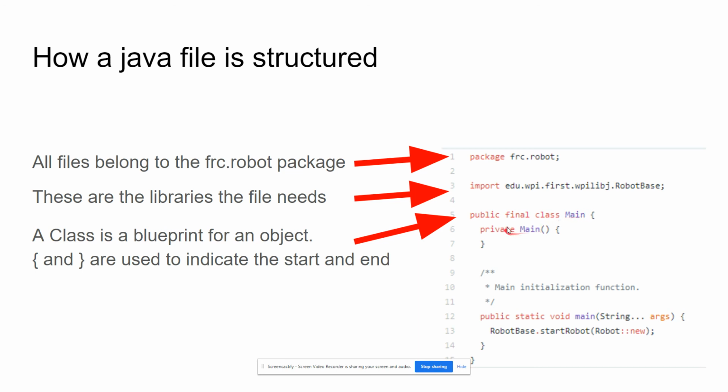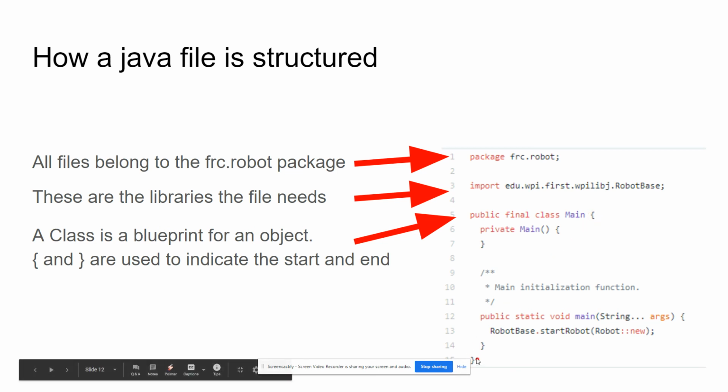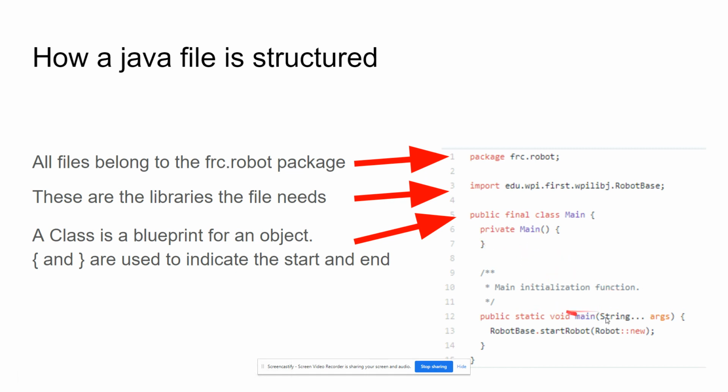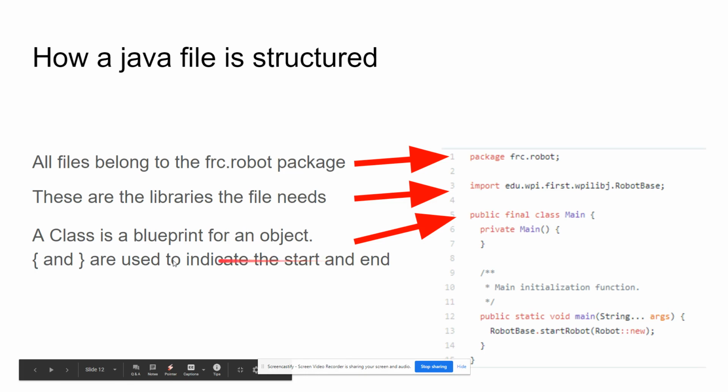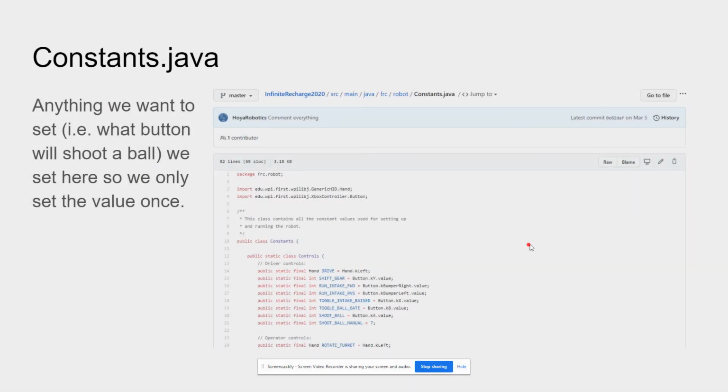So we have a main class, and then again, squiggly braces. This starts it, and down here, that ends it. Every time you have an opening, you have a closing. So we have our different methods, and then there's our main method, and that's what we're going to start exploring.